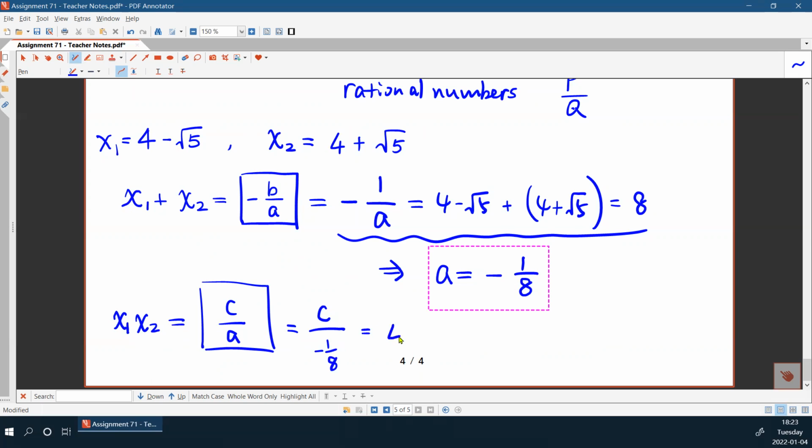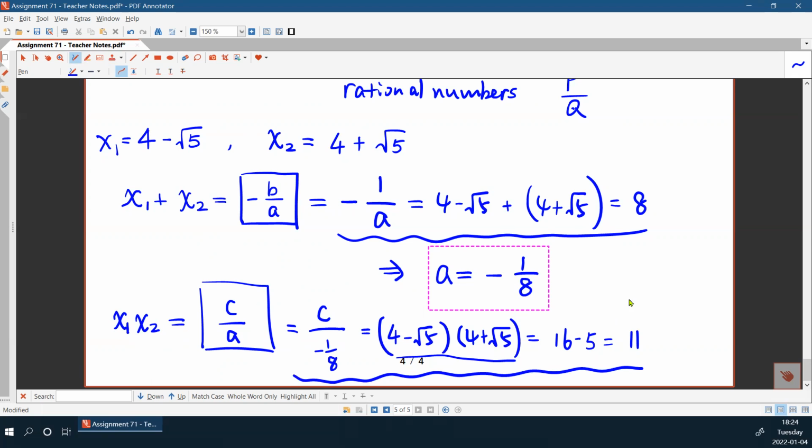And x1 is given. x2 is implied to be 4 plus square root of 5. So first, let's calculate the product here. a plus b times a minus b is a squared minus b squared, which is 16 minus 5, which is 11, right? And then according to this equation, we can solve that c should equal negative 11 over 8. Can you see that?